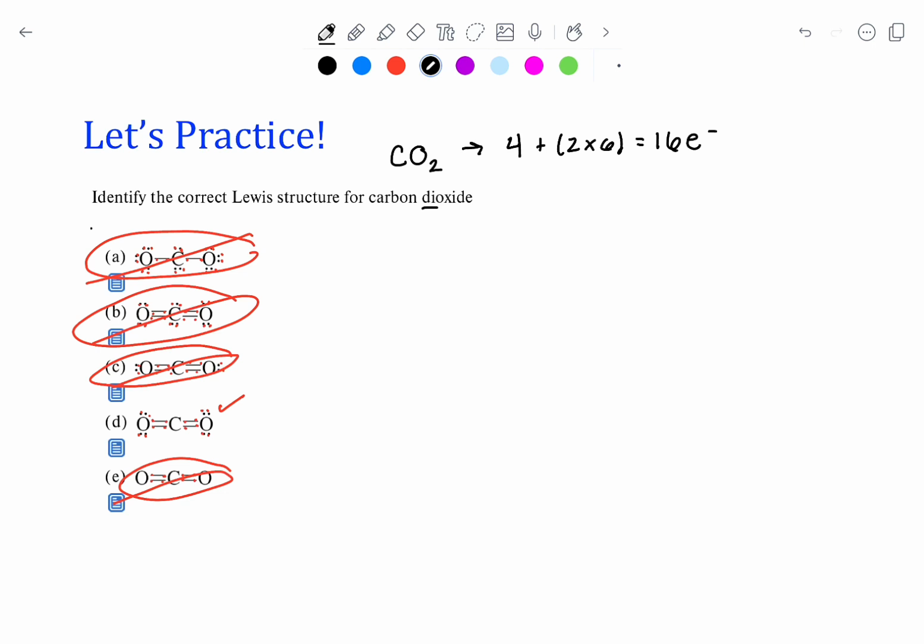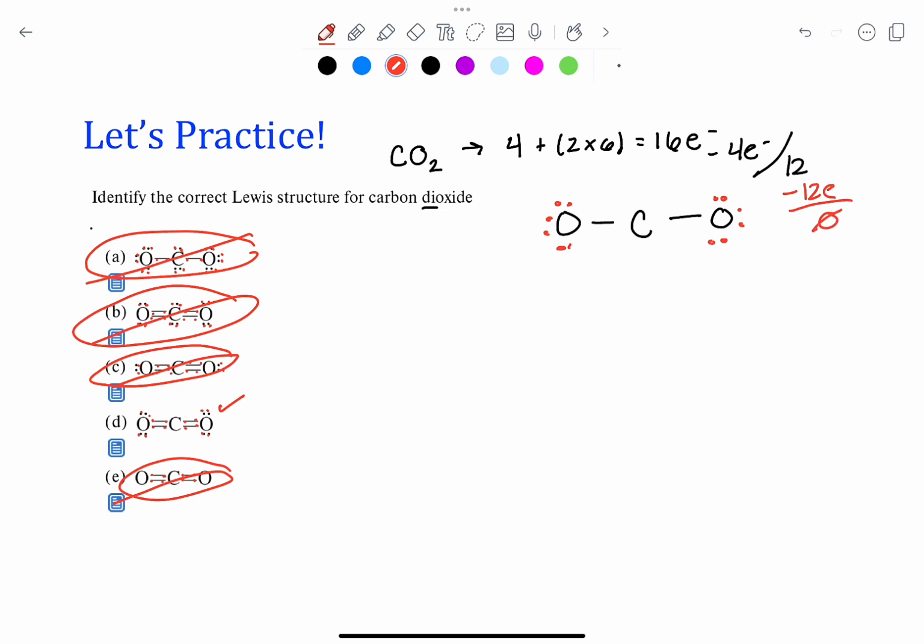But we can double check and keep practicing drawing our Lewis structures. So we know that there are 16 electrons in total. Carbon is our central atom that's bound to 2 oxygens. So that used up 4 electrons. So I have 12 left. Those 12 are going to go on my oxygens. That used up all 12 electrons, so I have none left. We see that our oxygens all have octets, but our carbon does not.